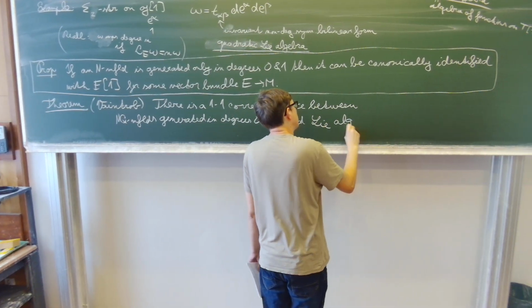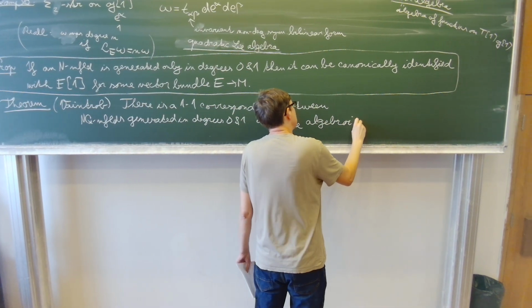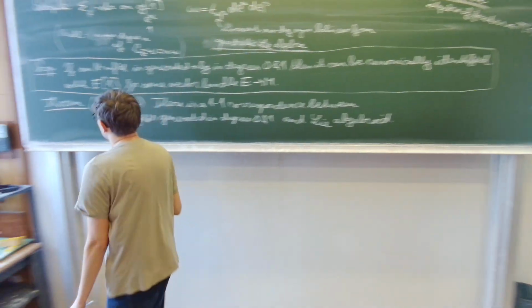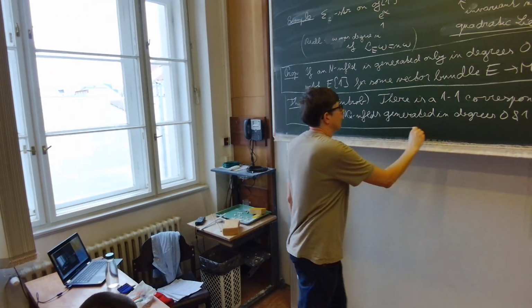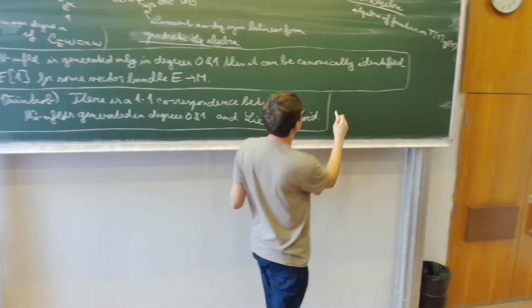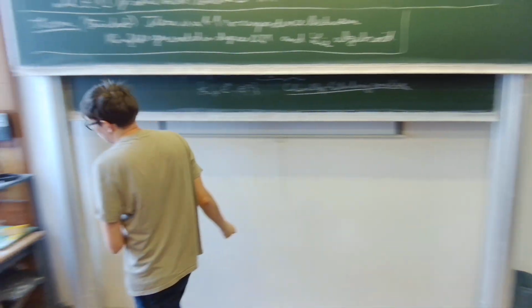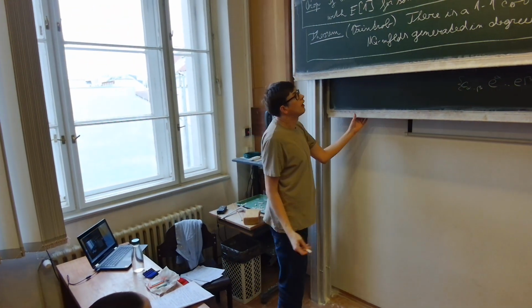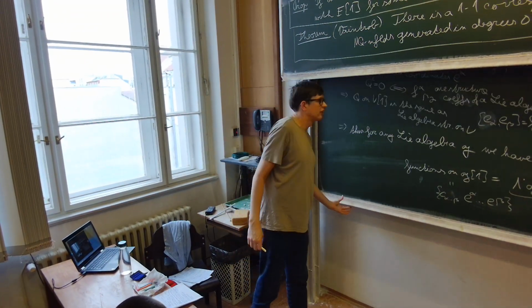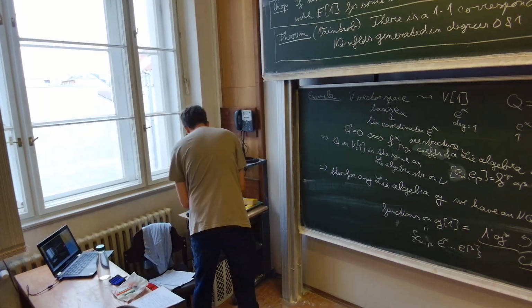This is kind of the ultimate meaning of a Lie algebra. It's an NQ manifold which only lives in coordinates of degree 0 and 1.